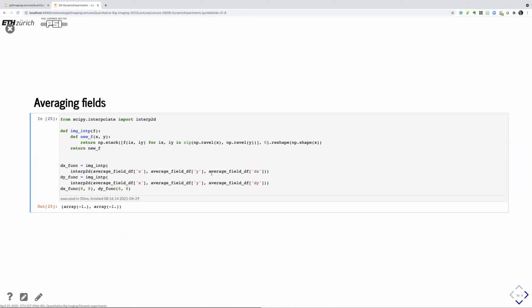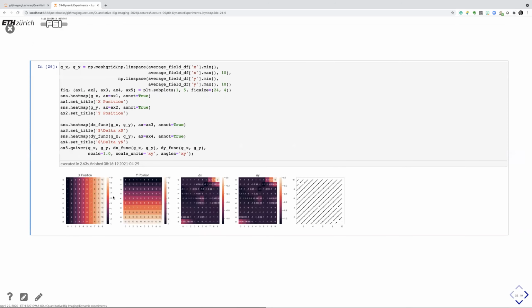So computing the average flow, we can see we got a -1 flow in this data set that we had, which was the one moving before. But also we can make a more complicated flow, and you can see here we have an image of some motions.